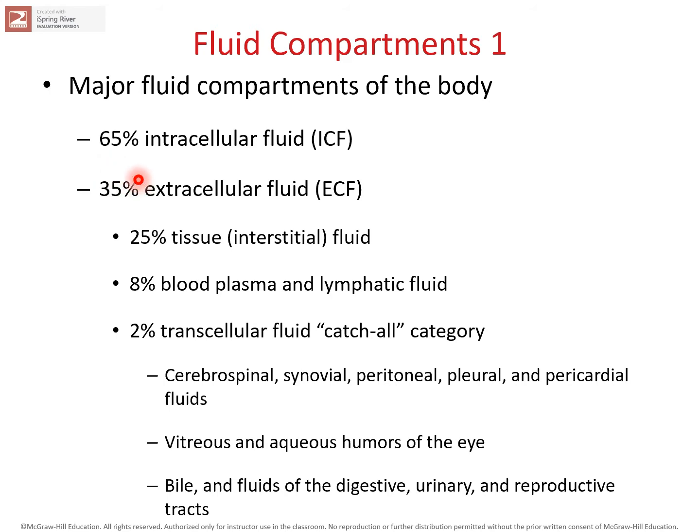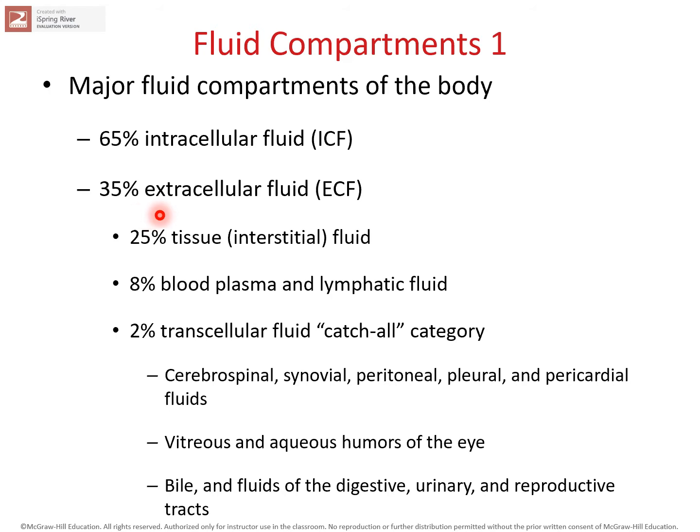The remaining 35% fluids are found in the extracellular region. Now, extracellular fluid includes all the fluids outside the cell, which is about 35 to 37%. Now keep this in mind that no matter if you read different books, these numbers might slightly vary. So we are just looking at the most common average values over here.